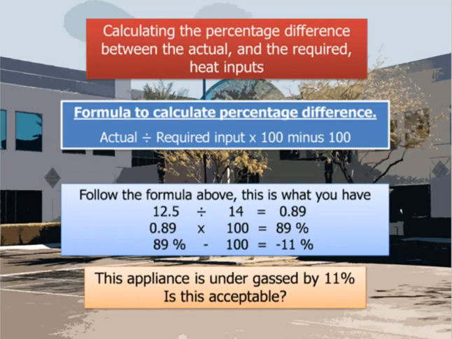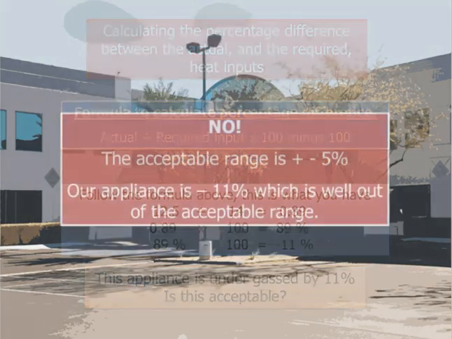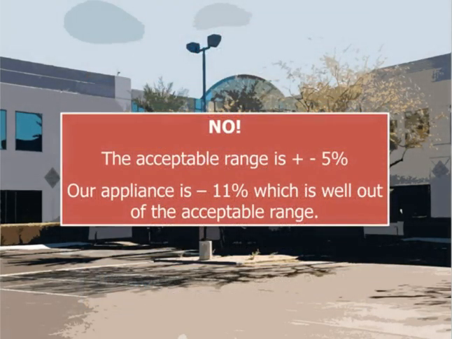Is that acceptable? No, because the acceptable range is plus or minus 5% unless the manufacturer states otherwise. This appliance is 11% under, which is well outside the acceptable range.